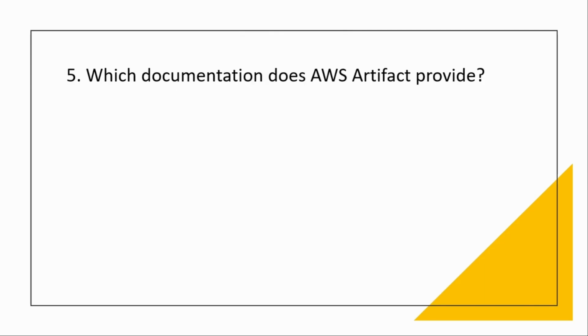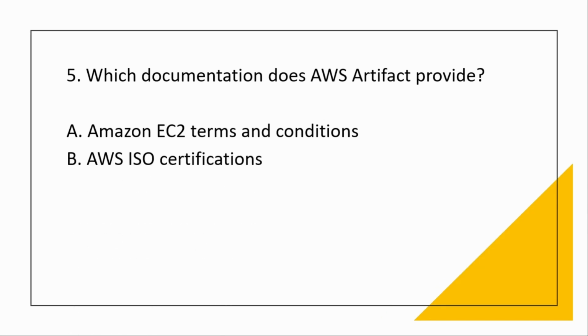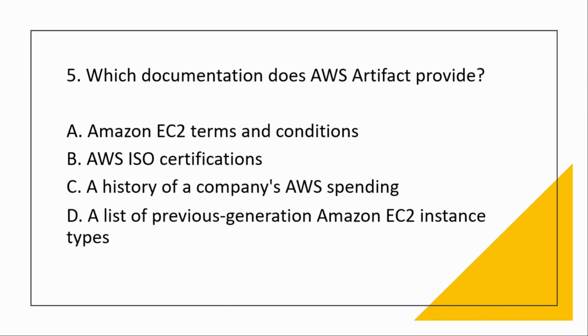Coming to the next question, which documentation does AWS Artifact provide? EC2 terms and conditions, no. Artifact is more about ISO and certifications. Yes, AWS ISO certifications. A history of the company's AWS spending, no, that will be in the billing management services. A list of previous generation EC2 instance types, no, that's not what Artifact is about.